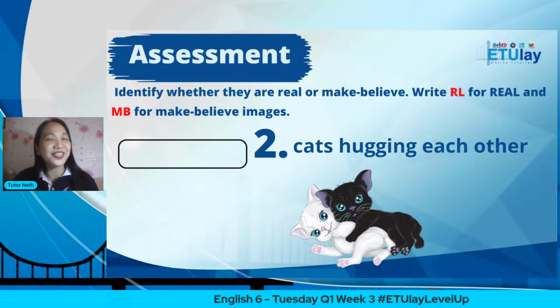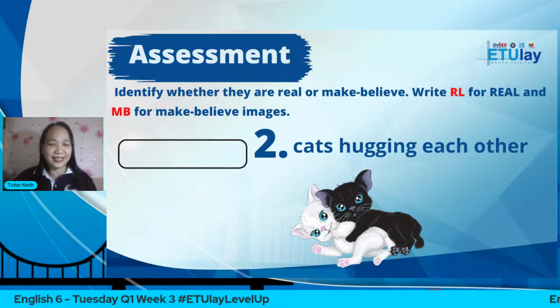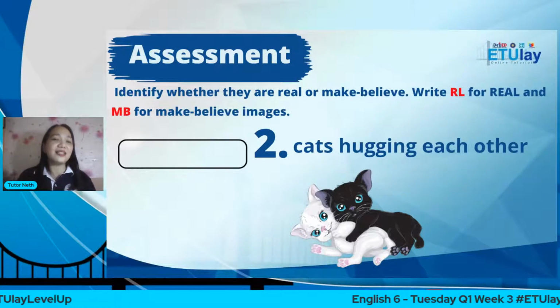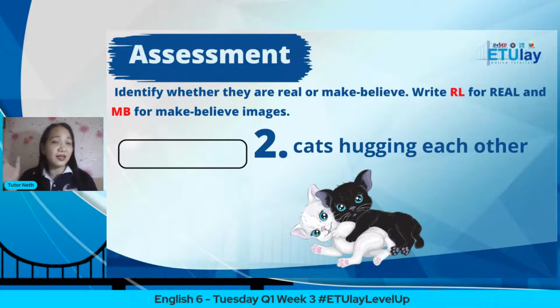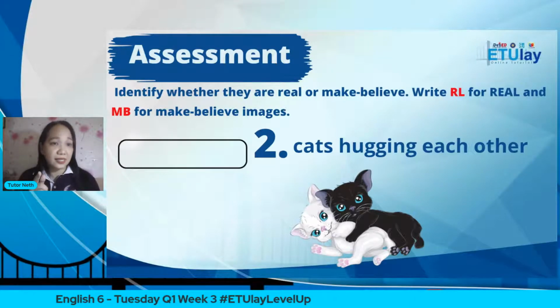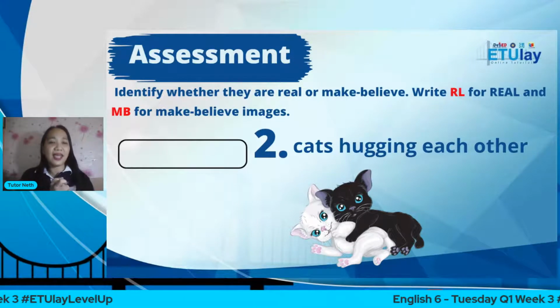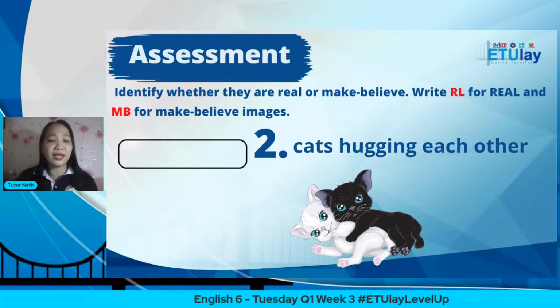Picture number 2. Cats hugging each other. How many of you here have cats? Let us see. Cats hugging each other. Is that real? RL or MB for make believe? K says RL. Angel, RL. Gabriel Kerubin, RL.